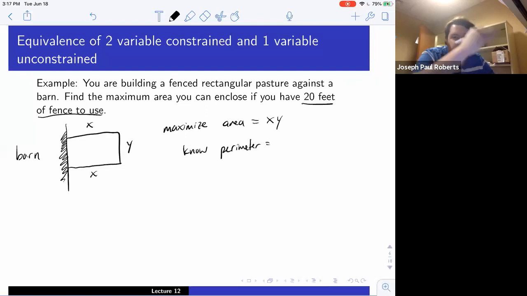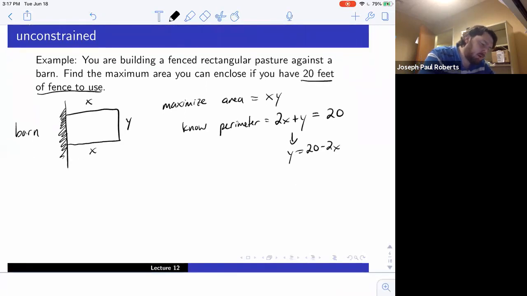Because we're using the side of the barn, we don't need to use any fence over there. We have that the perimeter is 2x plus y, and if we have 20 feet of fence to use, that's going to have to be 20. So this perimeter constraint tells us that y is 20 minus 2x.